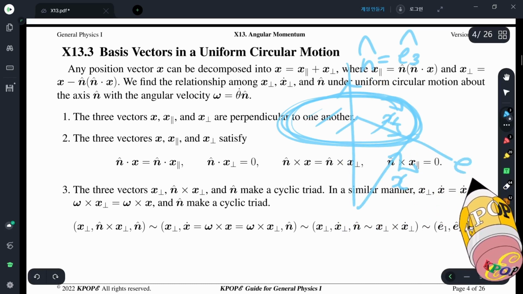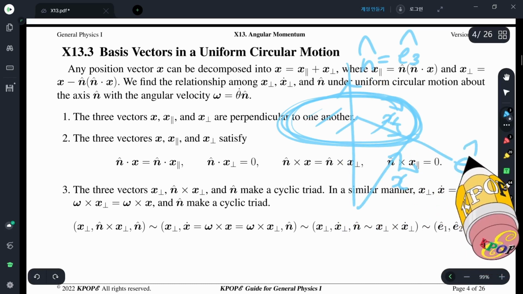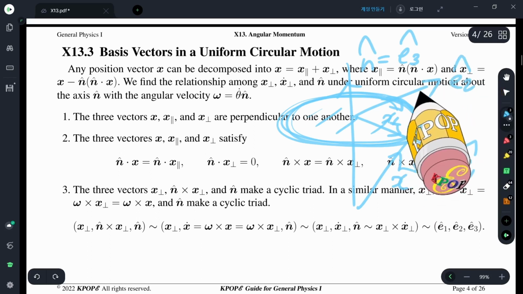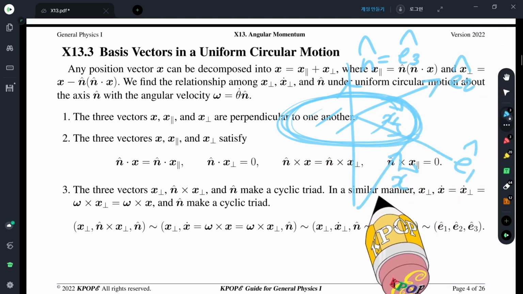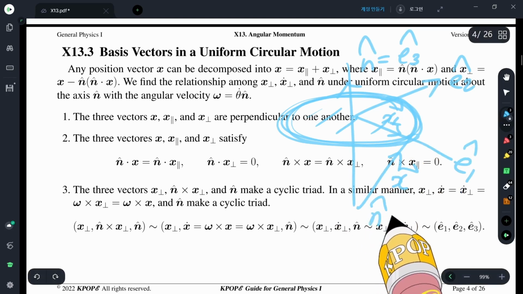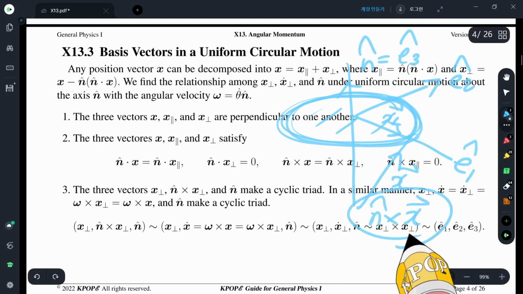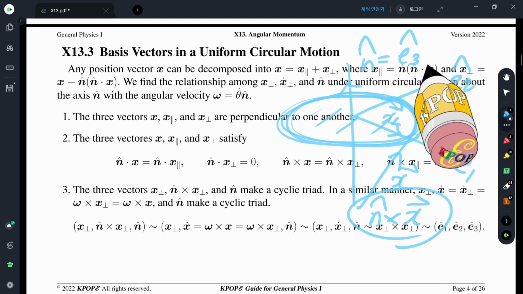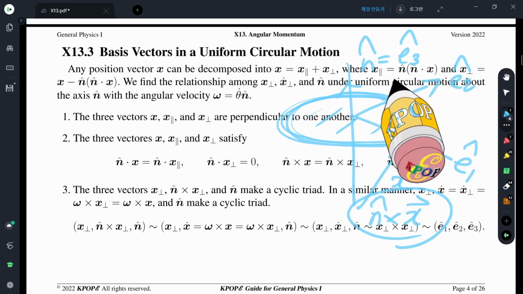We use E1 hat, and we use E2 hat that is parallel to the n cross x. That's it. So these three coordinates, E1, E2, E3 coordinates are well defined.